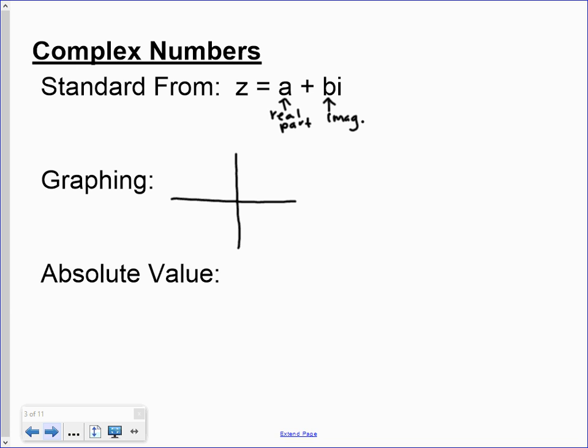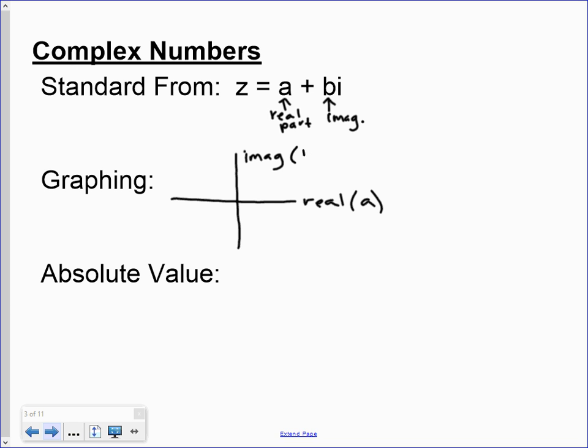But in the complex plane, the horizontal axis is the real part. So horizontal is where you move left and right for a. If a is positive, go right. If a is negative, go left. And then the vertical axis is the imaginary axis, so that's where you move for b, up or down, depending on whether b is positive or negative.